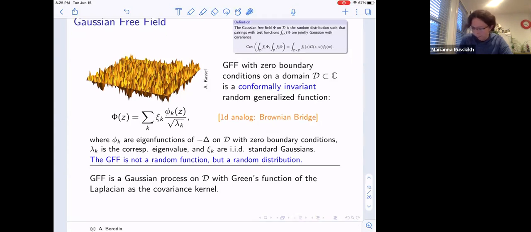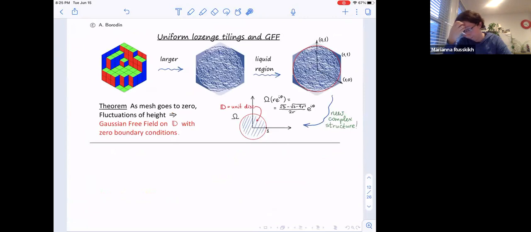Okay, and as I said, the fluctuations of the height function converge to the GFF in some conformal structure. So what do we mean by this? Let us consider a simple example where it is known. Let us think about uniform lozenge tilings. And here is a picture of how a generic uniform lozenge tiling looks like as the mesh goes to zero at a large scale.